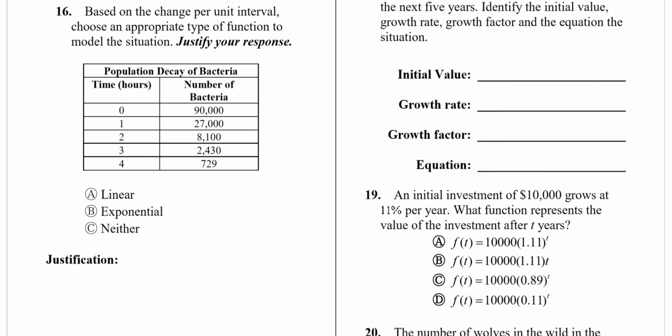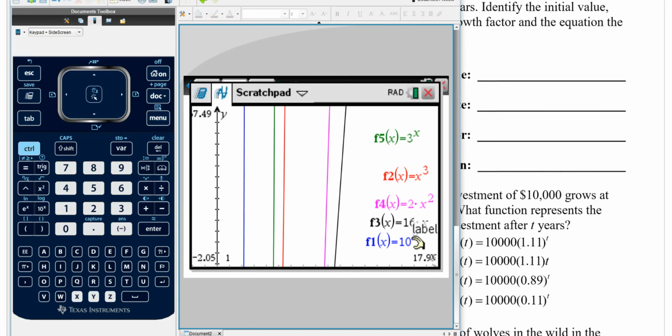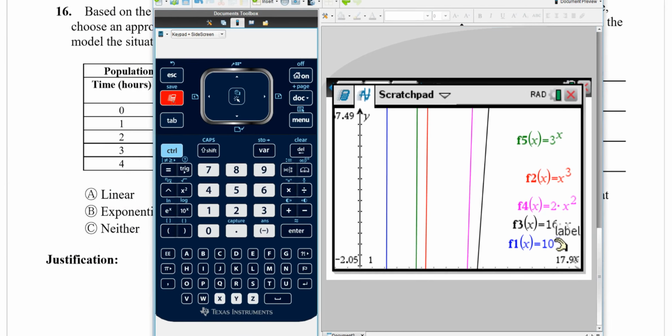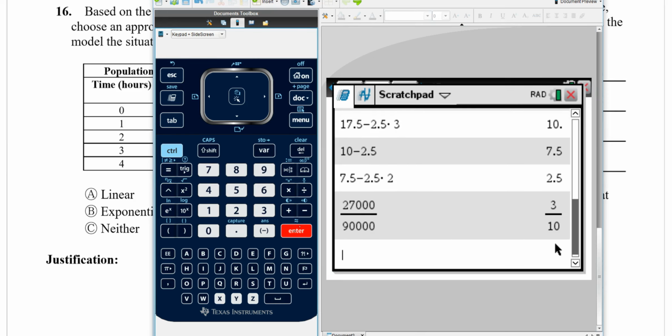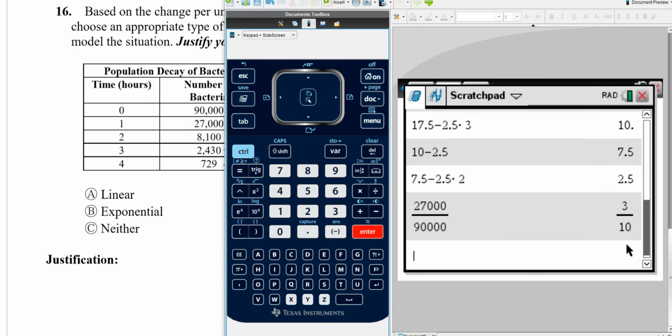Alright, 16. Based on the change per unit, choose an appropriate type of function to model the situation. When I look at this, I notice that it's not increasing or decreasing by a constant rate. But if I divide those, we have 27,000 divided by 90,000, we get 3/10.